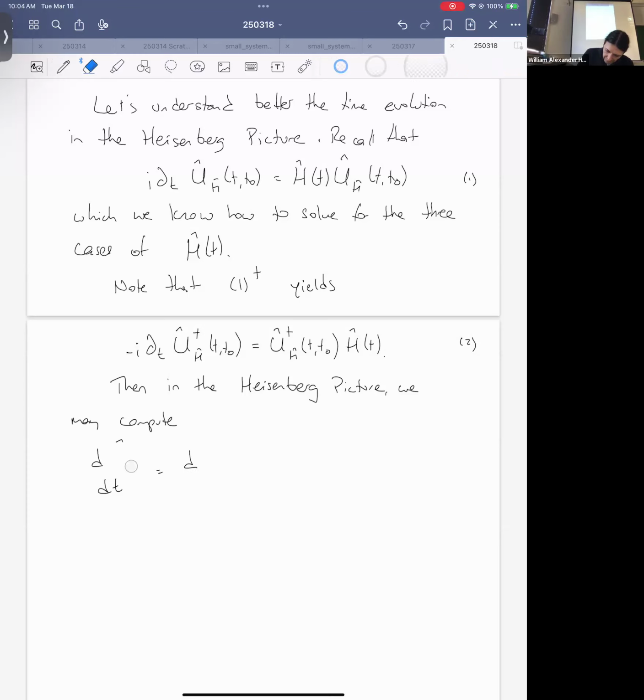So sorry, this is in the Heisenberg picture. d by dt of the time evolution operator inverse t0, the operator in the Schrödinger picture at time t, and then the time evolution operator t0, like so.